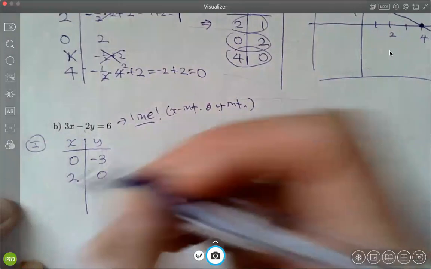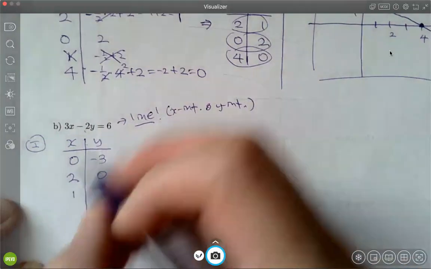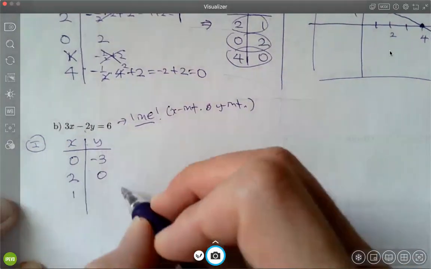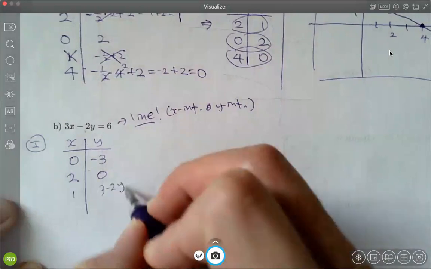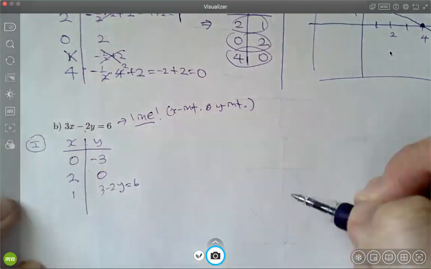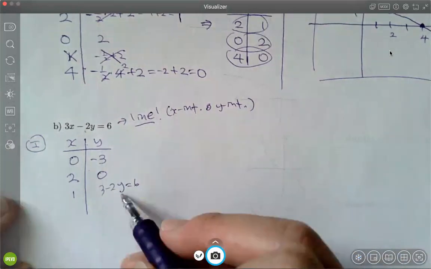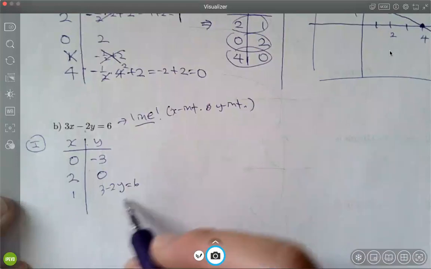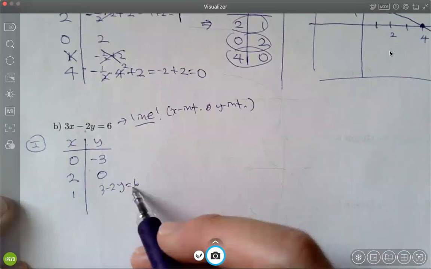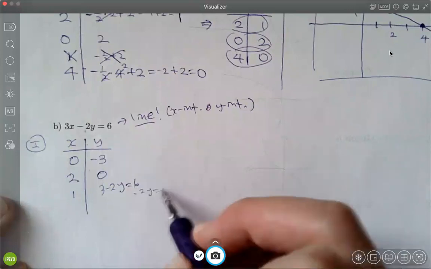But when x is 1, you have 3 minus 2y is equal to 6. And when you solve for y, what do you get? Fraction or whole number? Fraction, right? Because you subtract 3, so you get -2y is equal to 3, so it's not a whole number.